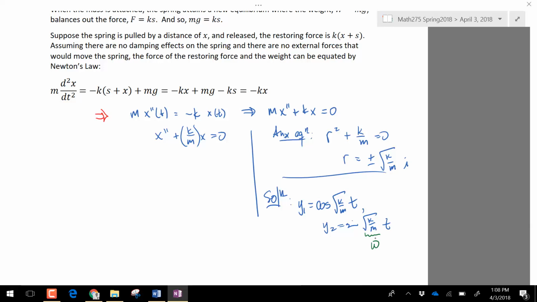So we have our differential equation, x double prime plus omega squared x equals 0, where omega is equal to the square root of k over m. So let's remember what we have here: m is the mass, k is the spring constant.